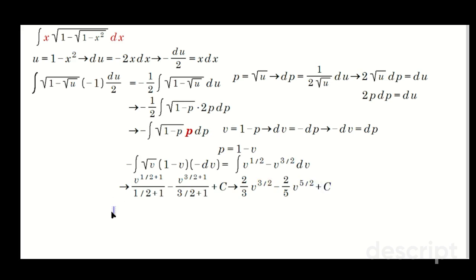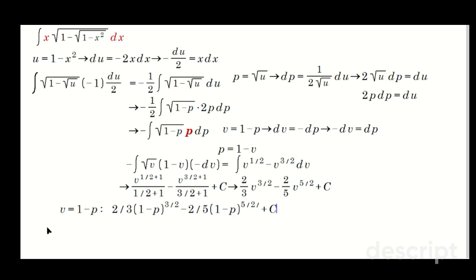Now we may start making replacements. How many replacements do we have to make, though? So first of all, recall, I'm going to have to write all the way over here. v was equal to 1 minus p. So first we will have 2/3 of 1 minus p to the 3/2 minus 2/5 of 1 minus p to the 5/2 plus c.